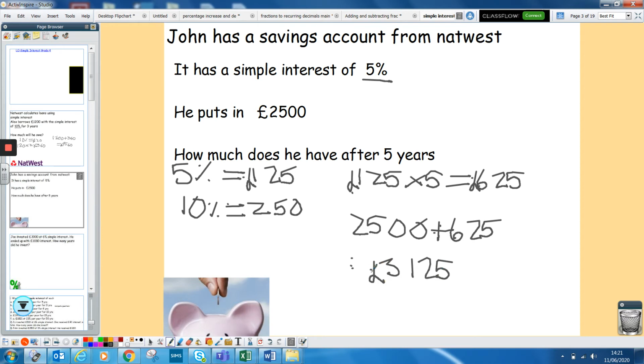So if a question like this does ever come up, just check what it's asking you. So that's how much he has after 5 years. Sometimes it just asks you for the interest. If it asks you just for the interest, it's looking at the 625. So you've got to make sure you check what you're doing on that one.